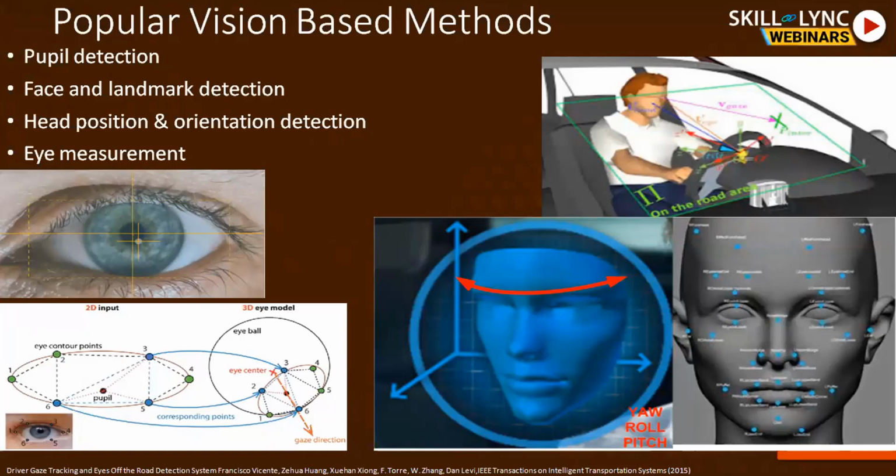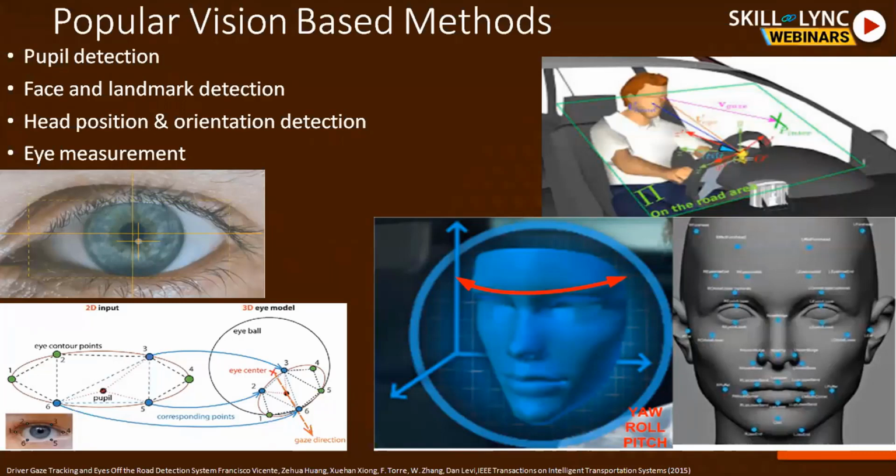The last one is eye measurement, which is the essential component that can tell whether the driver is drowsy or not. Eye measurement is all about whether the eye is closed or open, or a percentage of how much the eye is open.